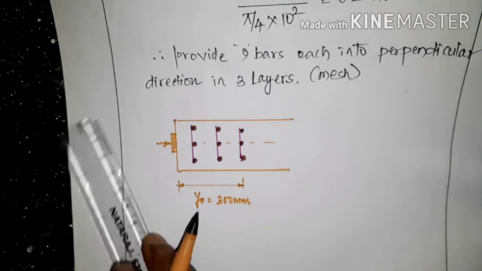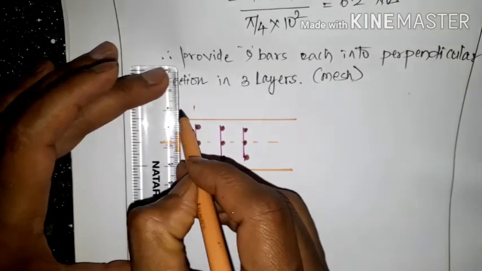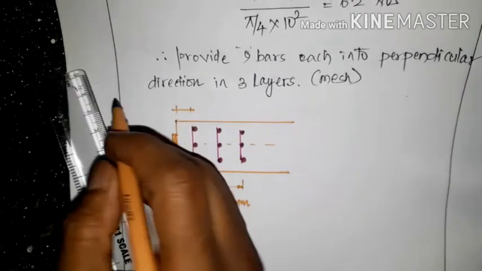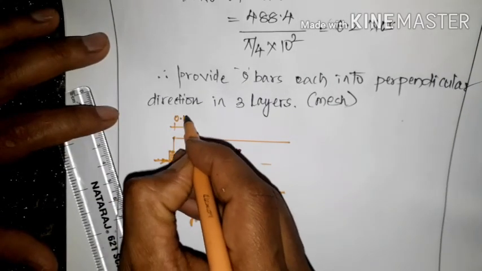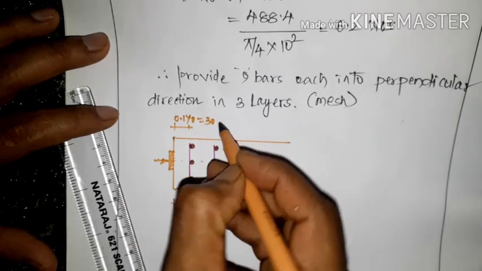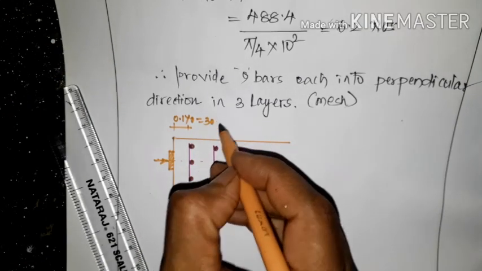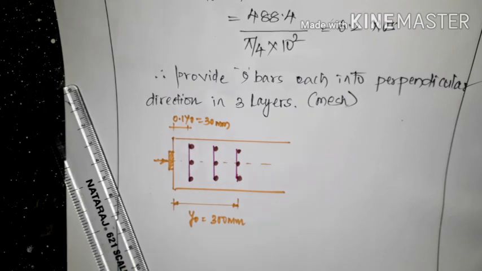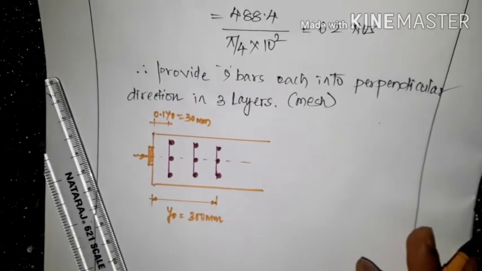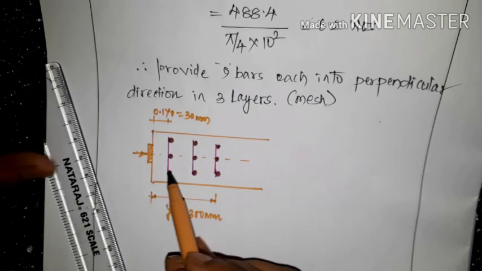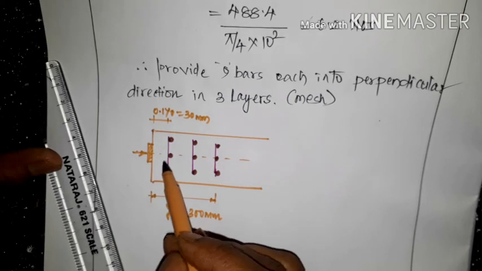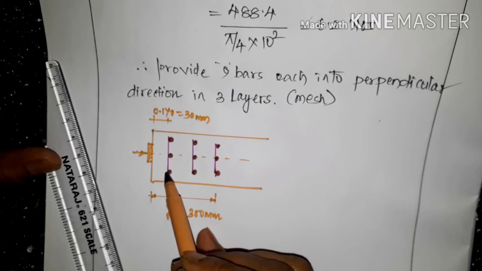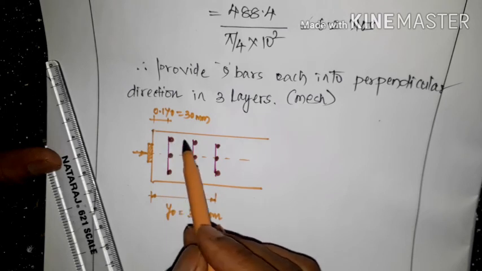Then the first bar should start at a distance of 0.1 y0, that means 30 mm. Okay, understood? So here, you can see it is an elevation. In elevation, vertical bars we can see only one, but the horizontal bars are dots.